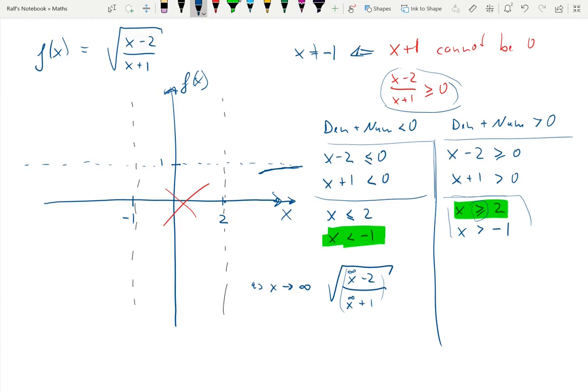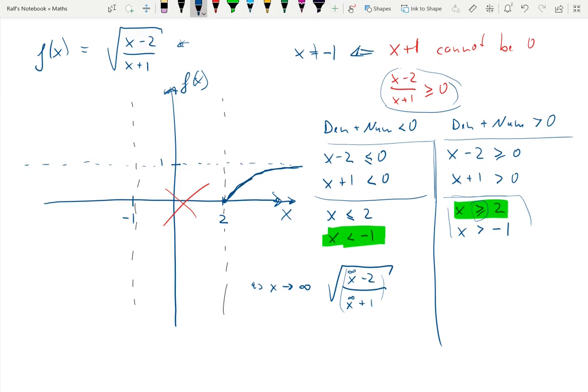Looking at the numerator, if x is 2, we have 2 minus 2, which is 0. We don't even have to figure out what the denominator is. The square root of 0 is 0. So at this point the function value is 0. And in between, the function moves something like this.